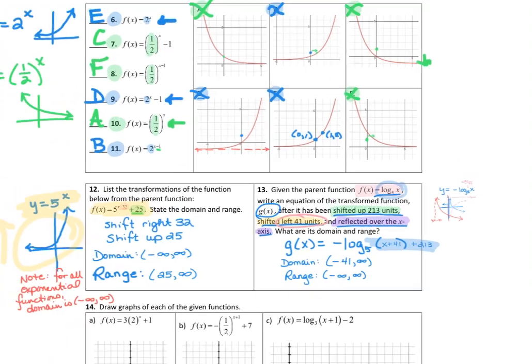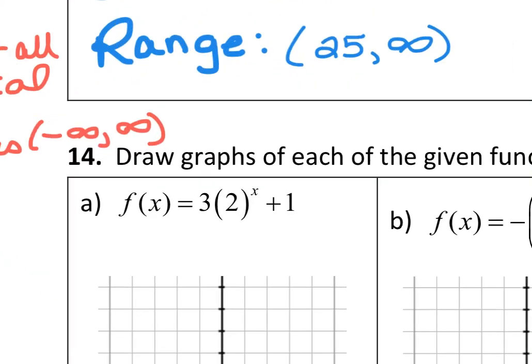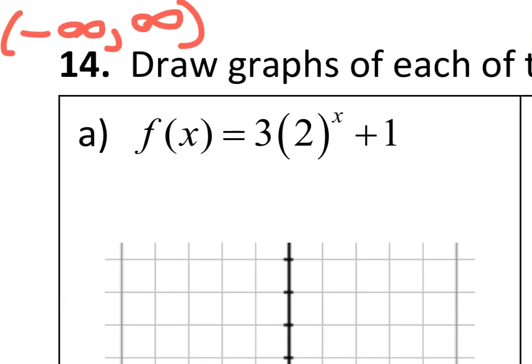Now, why don't you go ahead and clear your calculator before you start drawing the graphs at the bottom of this page. Excuse me. And go to y equals, and we'll start with 14a.